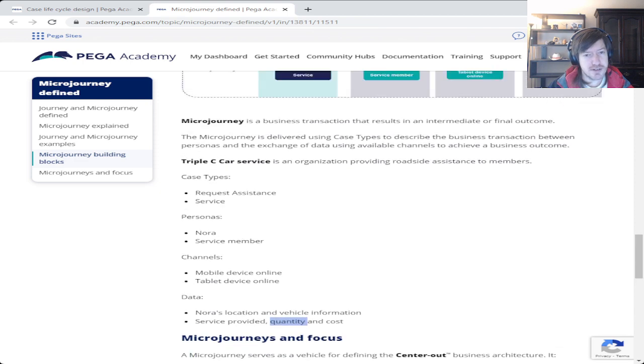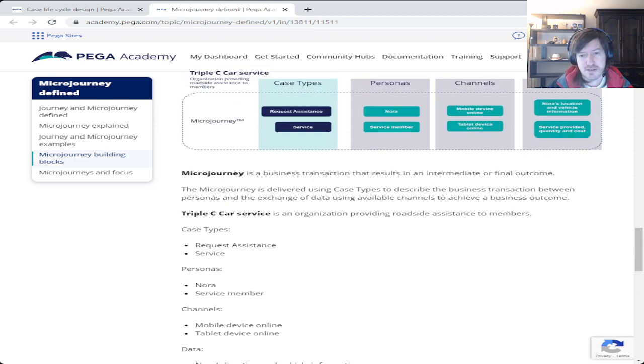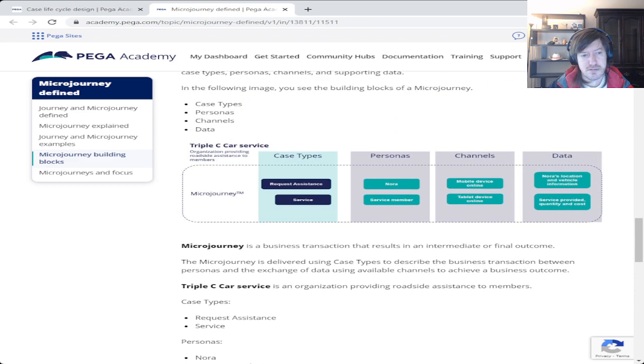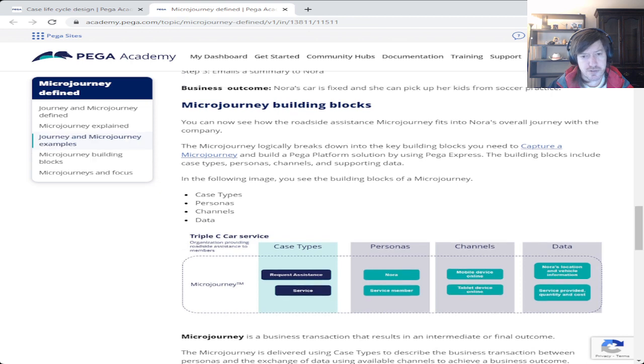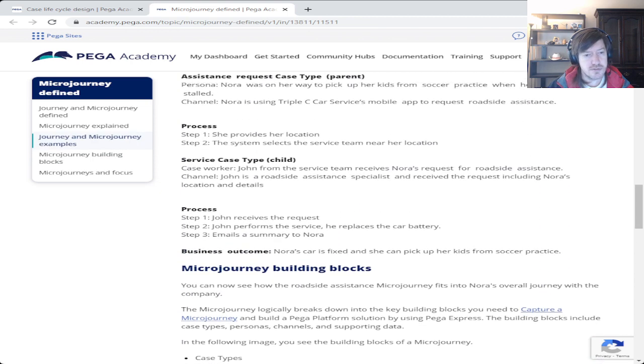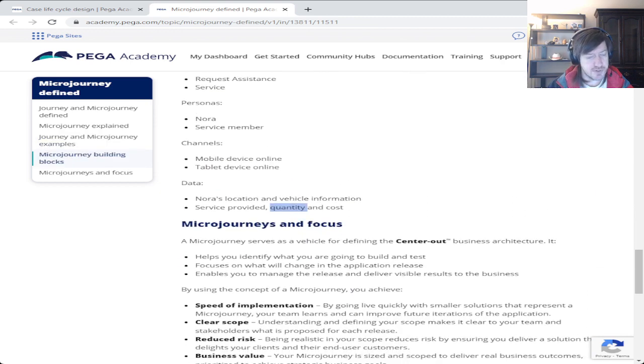What's this all about? What does quantity have anything to do with the service? That makes no sense whatsoever.